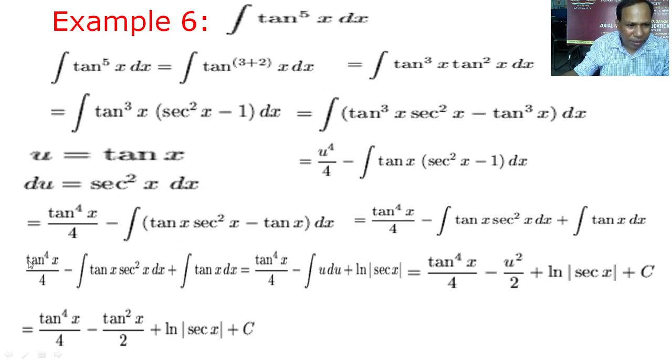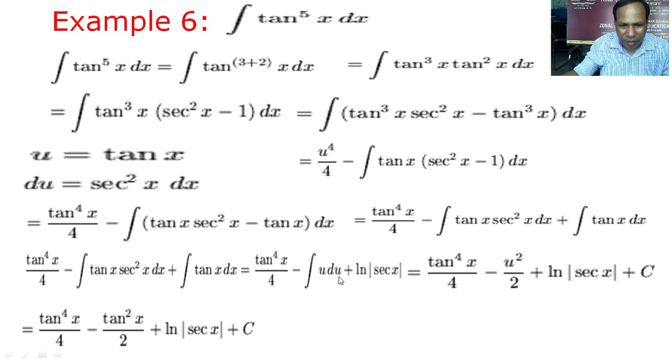So that becomes tan to the power 4 x by 4 minus integral of tan x sec square x dx plus integral of tan x dx. Again substituting tan x as u, sec square x dx becomes du.